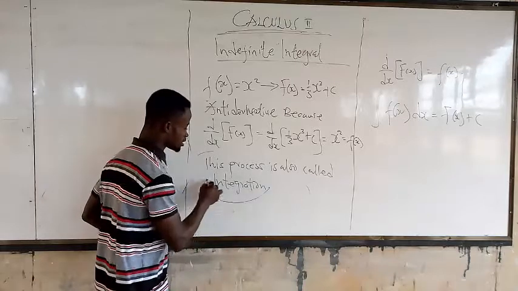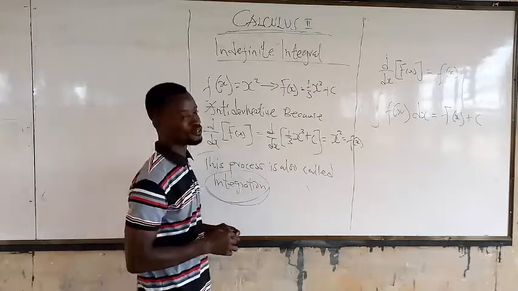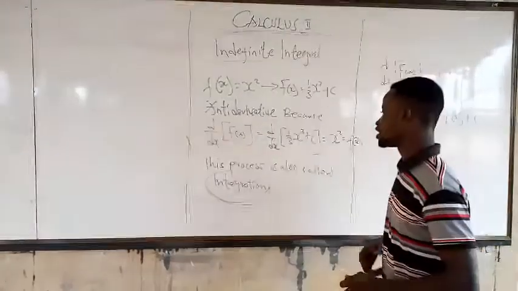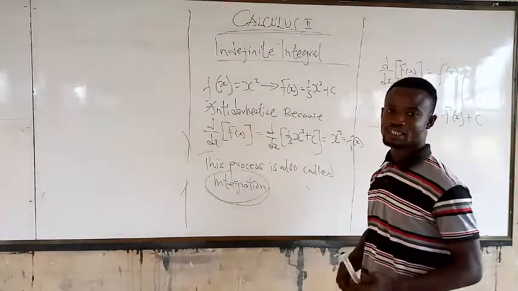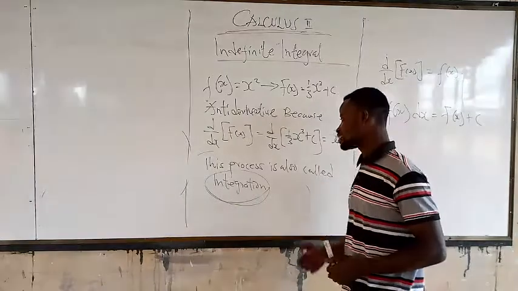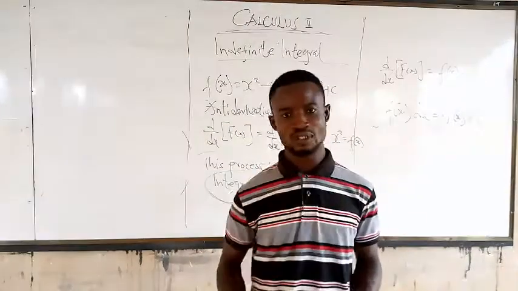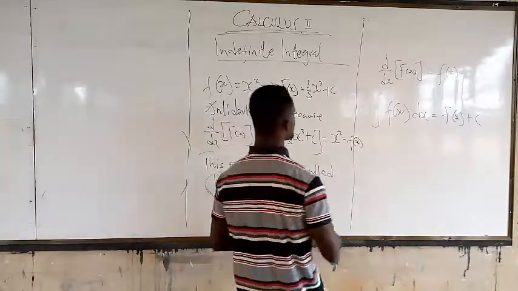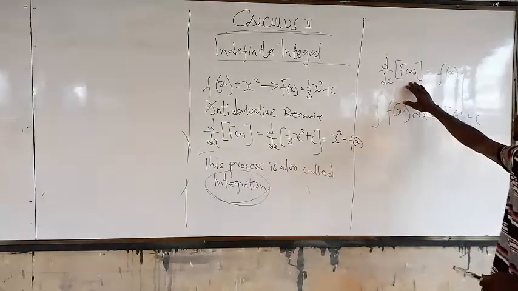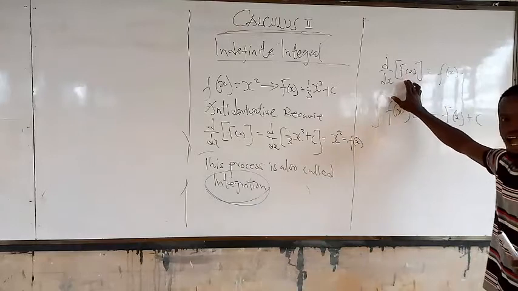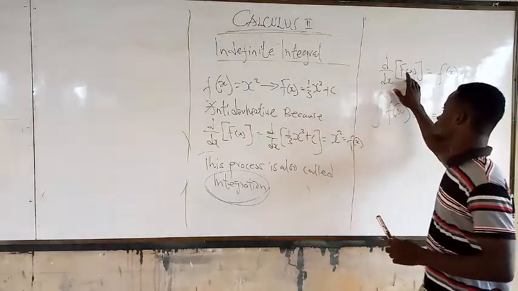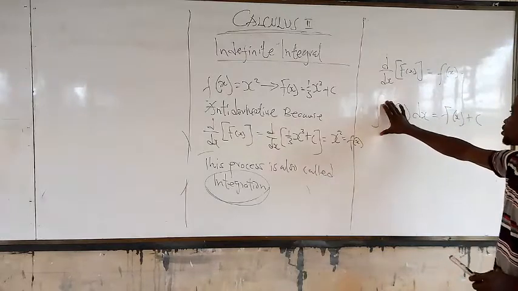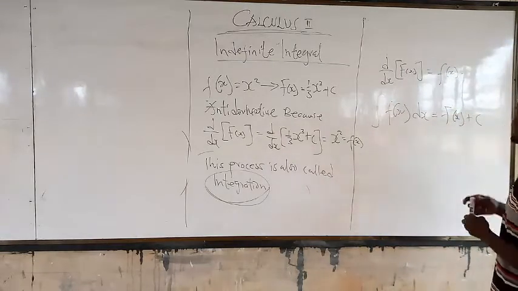So the process of anti-derivative is also called integration. That's why normally people say that integration is a reverse process of differentiation. So when you differentiate an area function, you get a function back, and when you integrate it, you get a function plus c.